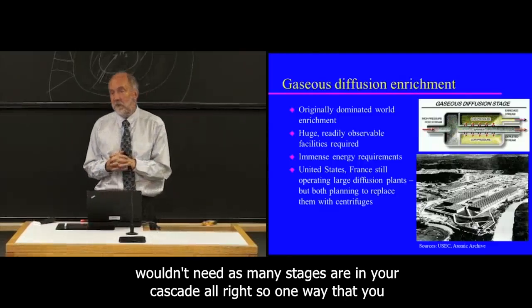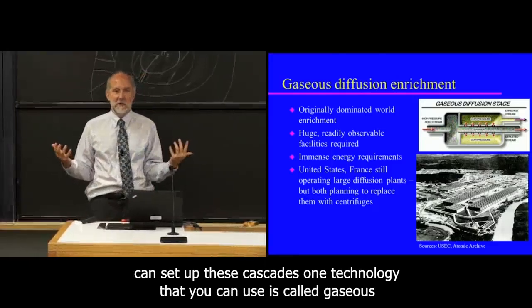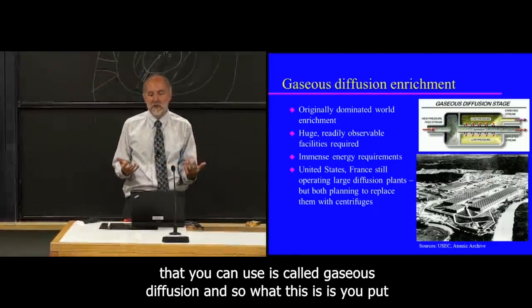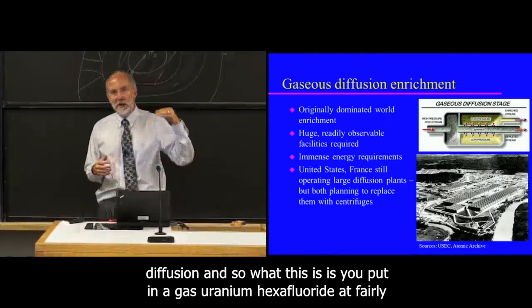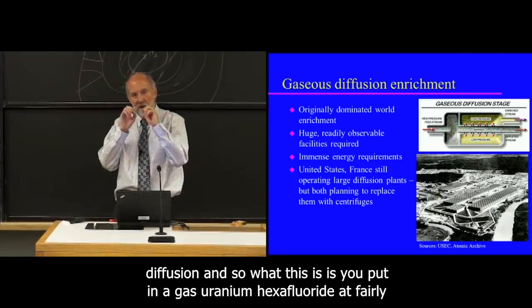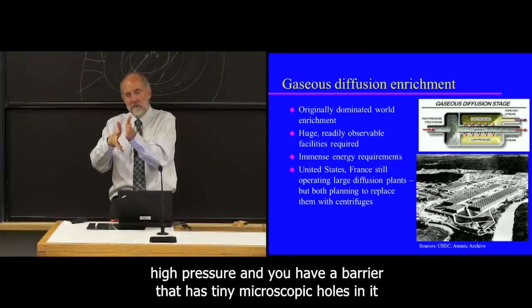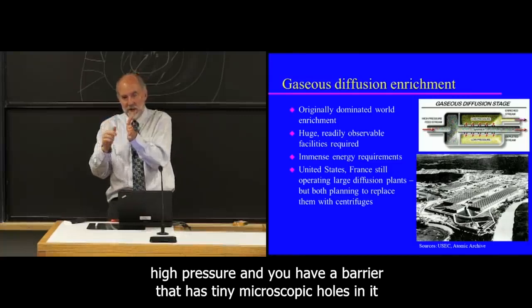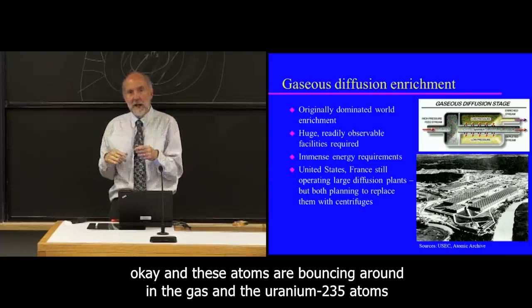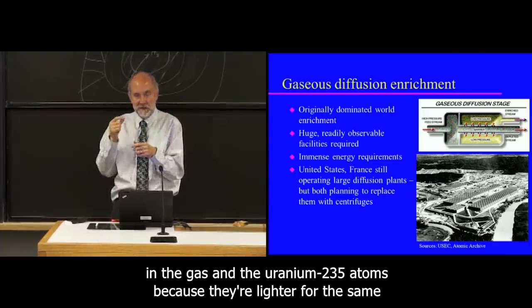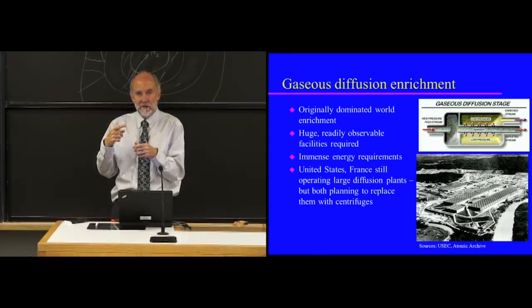All right, so one way that you can set up these cascades, one technology that you can use, is called gaseous diffusion. What this is: you put in a gas, uranium hexafluoride, at fairly high pressure, and you have a barrier that has tiny microscopic holes in it. And these atoms are bouncing around in the gas, and the uranium-235 atoms, because they're lighter, for the same amount of energy, bounce a little bit faster.